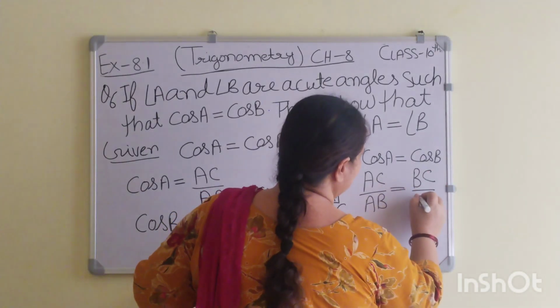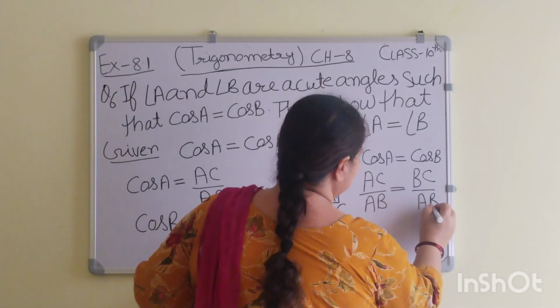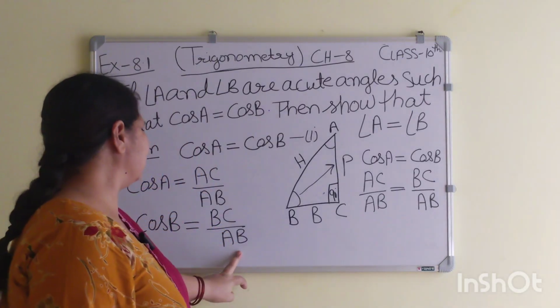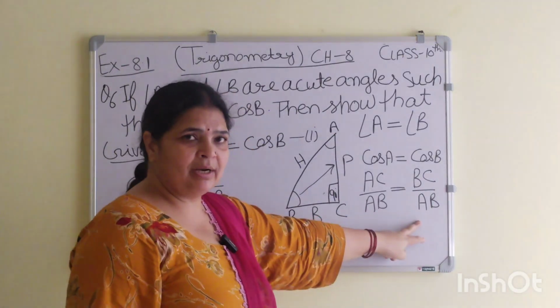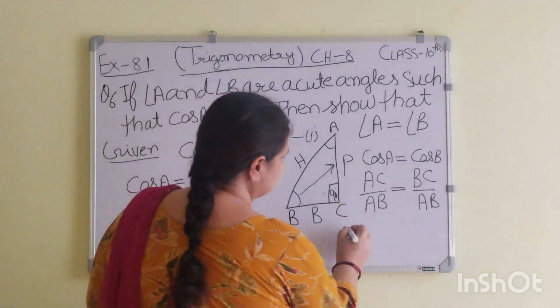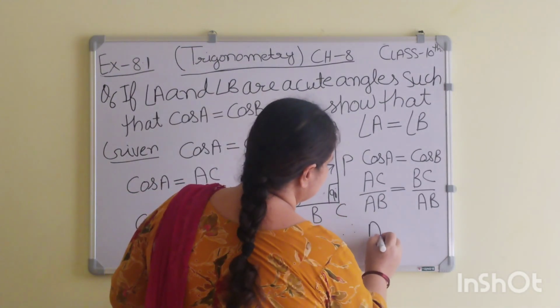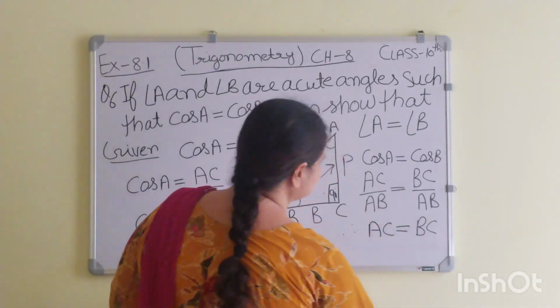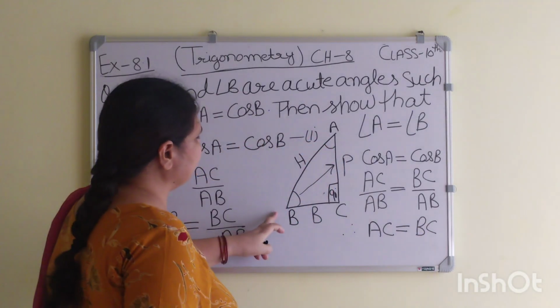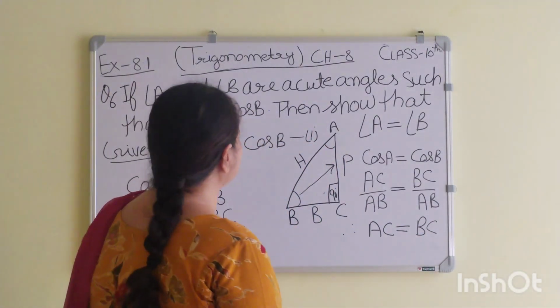Now students, AB is equal, so we can write it, therefore AC is equal to BC.